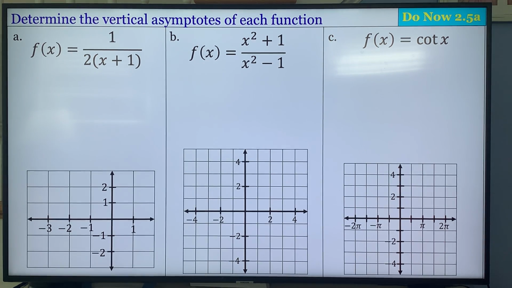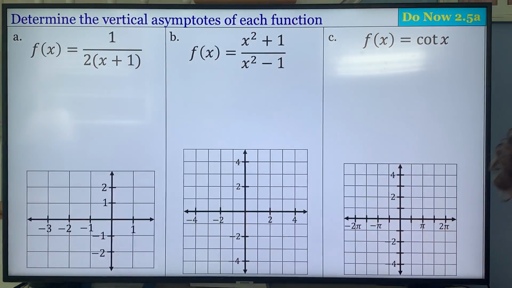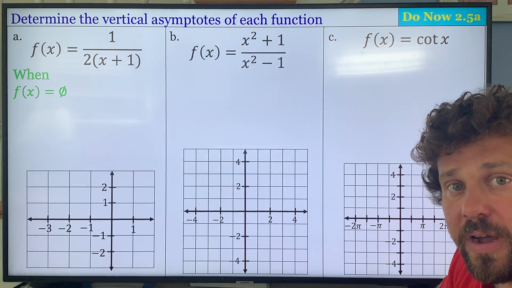All right, so for problem number 2 now, find the vertical asymptotes of the function. Go. All right. When the answer is undefined, you have a vertical asymptote.